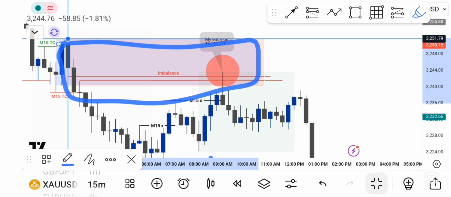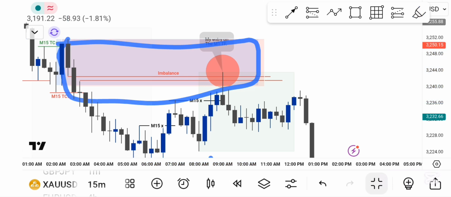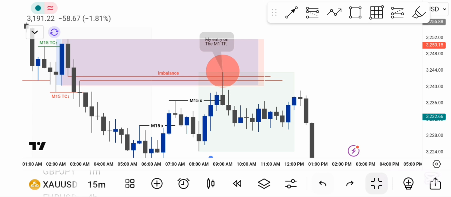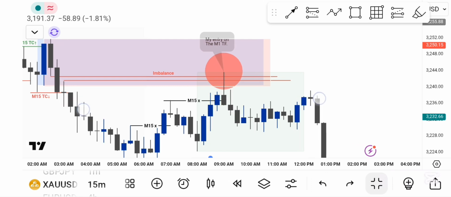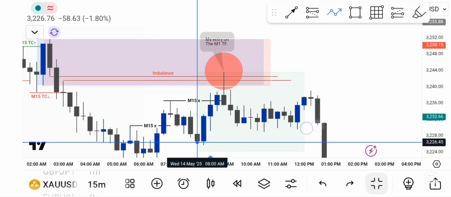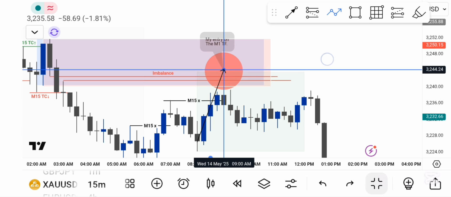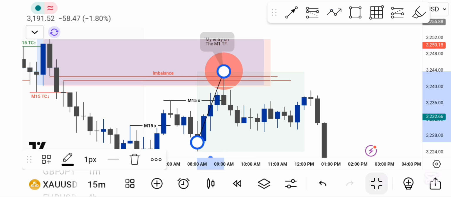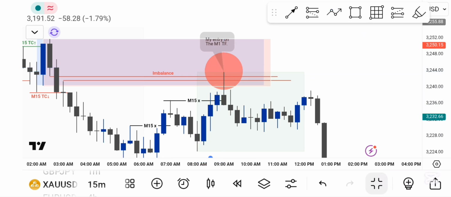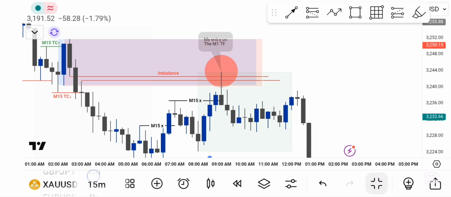You get? So after price did exactly that, what happened is that price mitigated my zone, and after the mitigation, I will then look for my entry on the lower time frame. So now dropping to my lower time frame, which is the 1 minute.